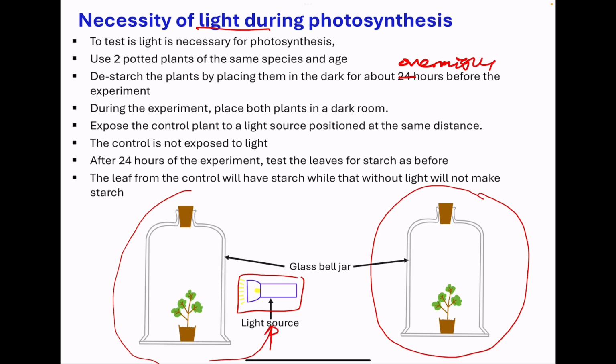And at the end of the 24 hours, we're going to pick a leaf from each of the bell jars, and we're going to test that leaf for presence of starch. We will expect starch to be present in here when we add iodine. This is the control experiment, and this is the test experiment. Here there is no light, and therefore photosynthesis is not going to occur, and that will show us that light is required for photosynthesis to occur.